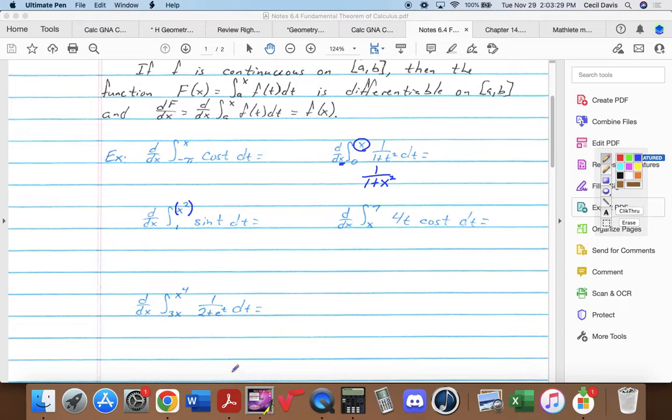When you take the derivative of a composite function, what is it that you have to use? Got to use the chain rule. So this is going to be the derivative like normal, leaving the inside part alone, so that'll be sine of x squared, times the derivative of the inside part, which is 2x.